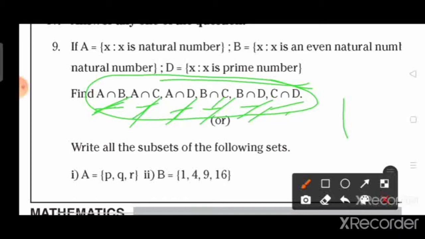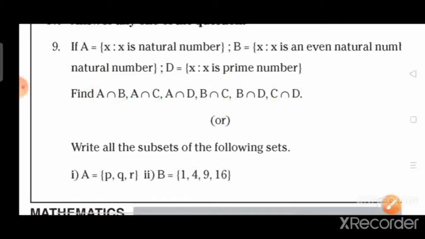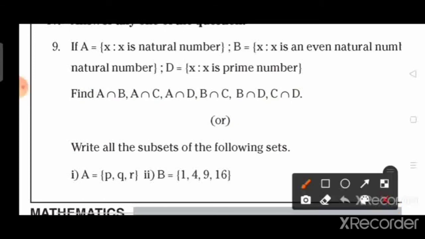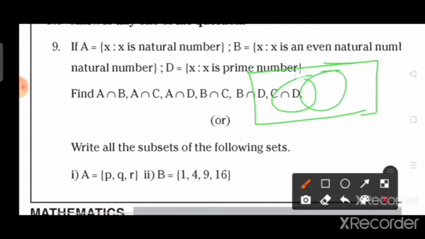Already in our earlier session, I explained this through a Venn diagram also. Just let me revise it. Suppose these are 2 sets. The place which is common contains both sets.